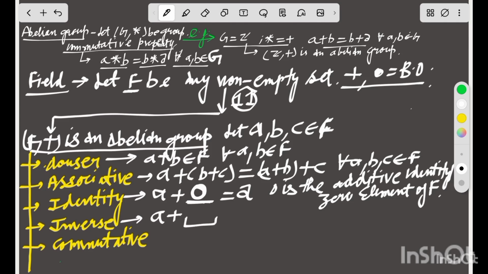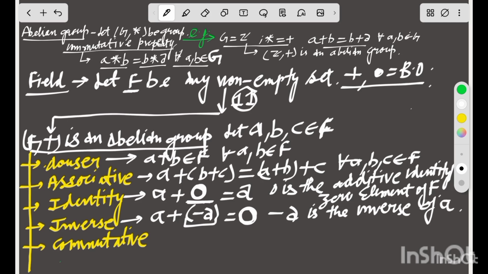We have to find the element of the set F which, if we add it to A, gives 0, the identity. We give the notation minus A to that element. So minus A is the inverse of A. These are just notation. Fifth is the commutative property. That is, if we add A and B or B and A, it gives the same result.